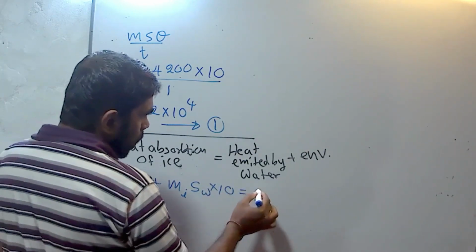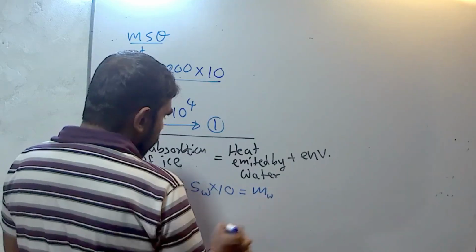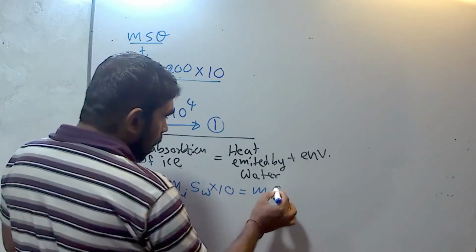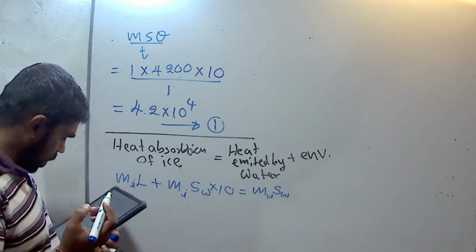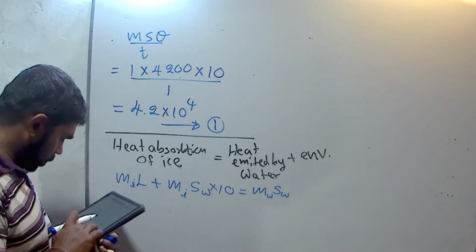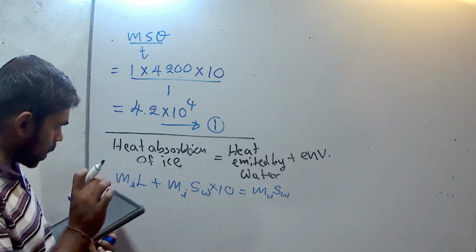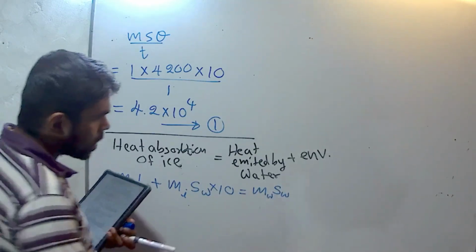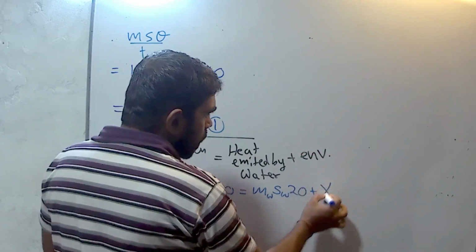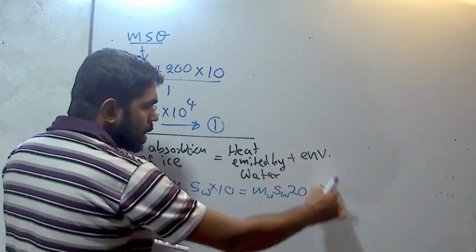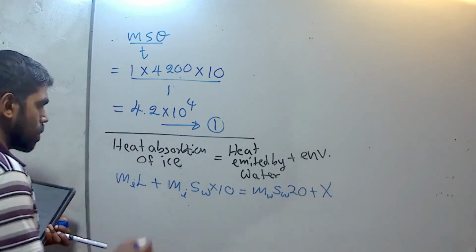Heat emitted by water: mass of water Mw, Sw, initial temperature of water is 30 degrees, it should be cooled to 10 degrees, then the temperature difference is 20, plus the heat given by the environment, I will consider it as X. Then we have to make X the subject.